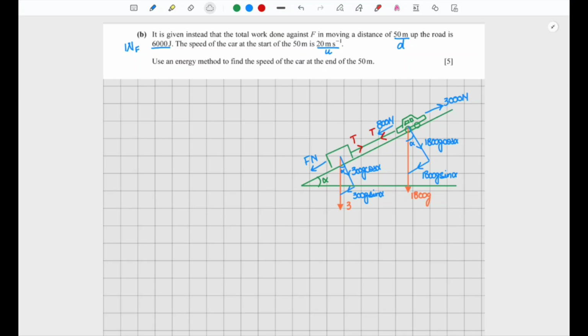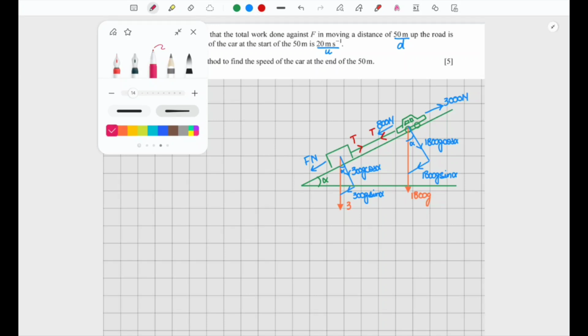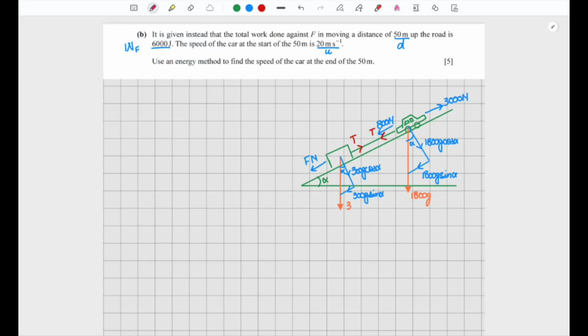Okay, so let's take that both the bodies have covered a distance of 50 meters.